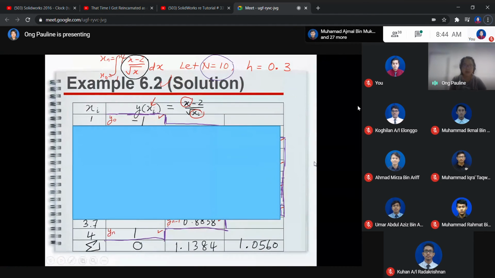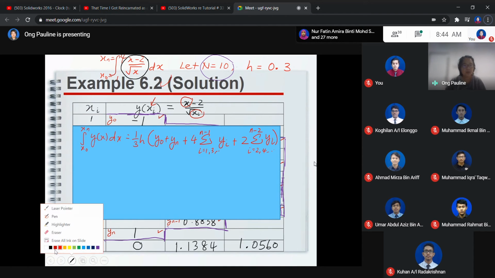Okay, so I know that for the Simpsons 1 we have the equation macam ini. Alright. Okay, so now let us solve for this question.